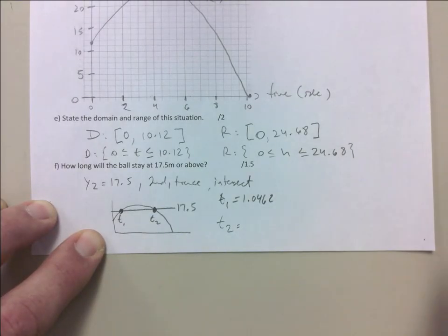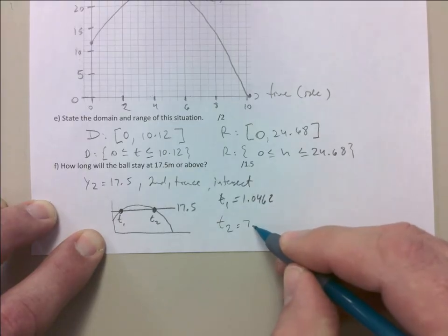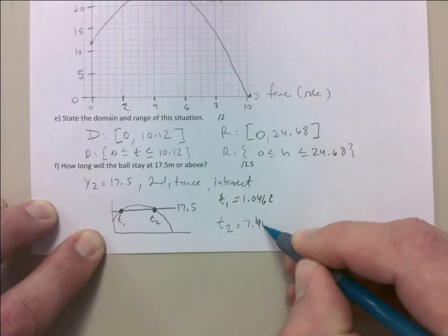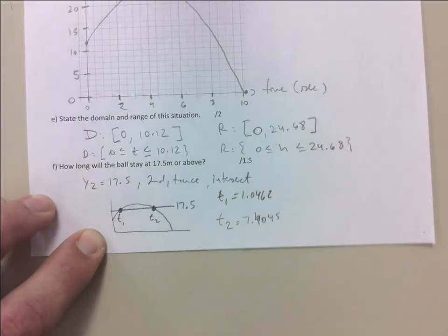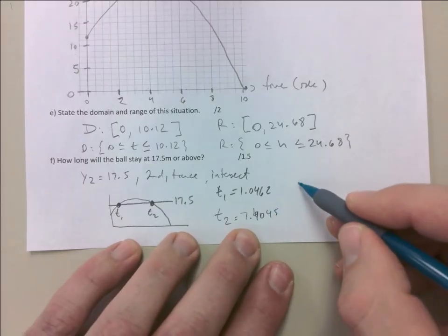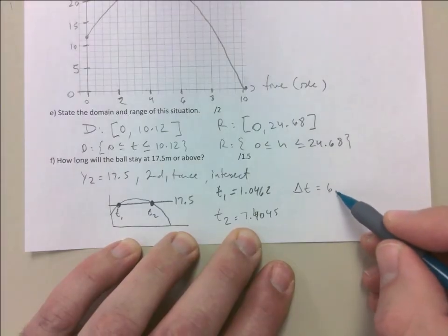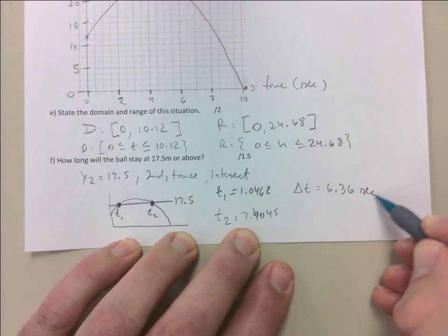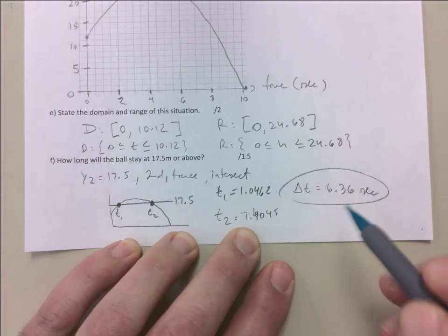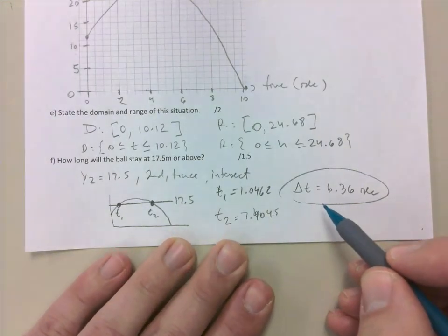Time 2, I'll find that one, won't be on the screen. Go closer to that one, enter 3 times. That's 7.4045, half a mark for that one. And then subtracting them gets you 6.36 seconds. You get half a mark for that one. So half, half, half.